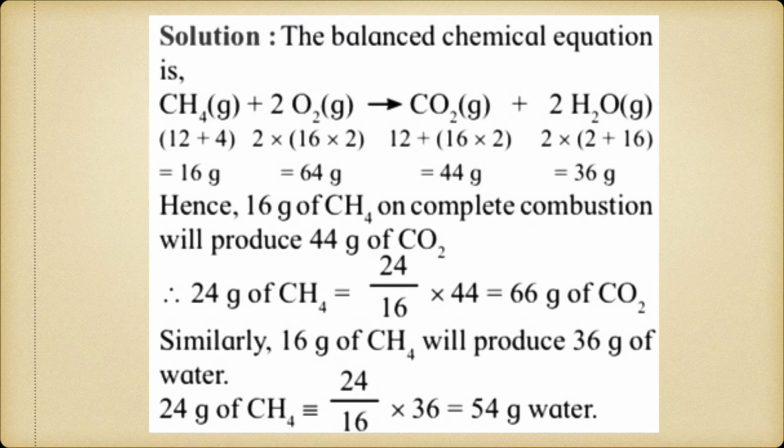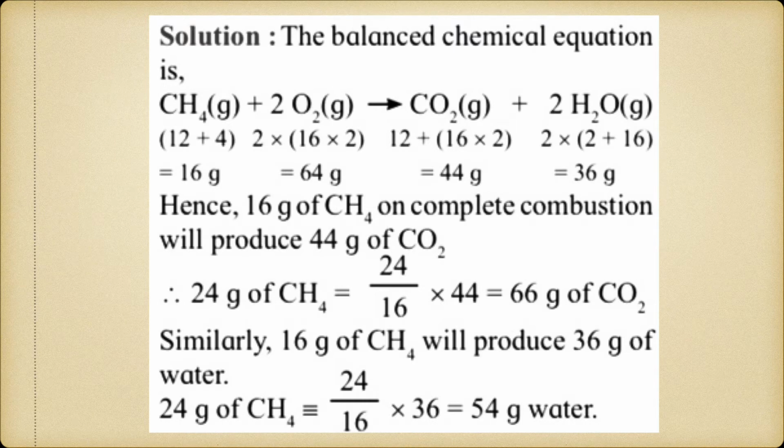Next, it is for 2 moles of H2O. For 1 molecule of H2O, it is 18 grams. Therefore, for 2 molecules of H2O, it is 36 grams. So, in all the reactions, you are going to write down till here, and afterwards, you have to apply the unitary method. Okay, so it is very simple.